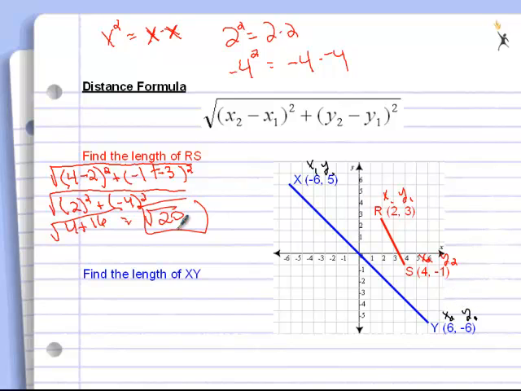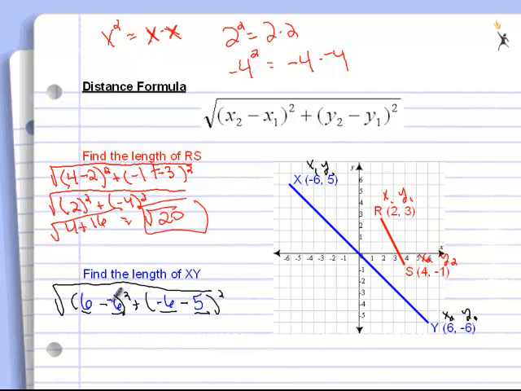Practice putting these parts into the distance formula. Don't worry about solving it. Just replace all the variables with the values. I'll even get you started. You should have something minus something squared plus something minus something squared. Go through and replace those now. Pause the video, and then when you're done, hit play.